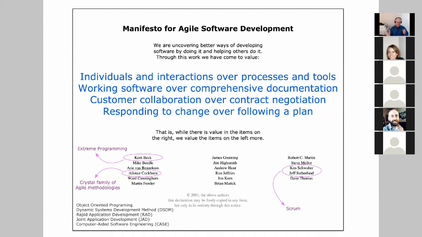And people were floundering around trying to find a better approach. So we see rapid application development, the dynamic systems development method, and object-oriented programming became very important and valuable.